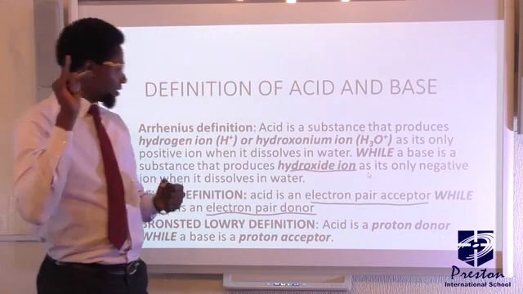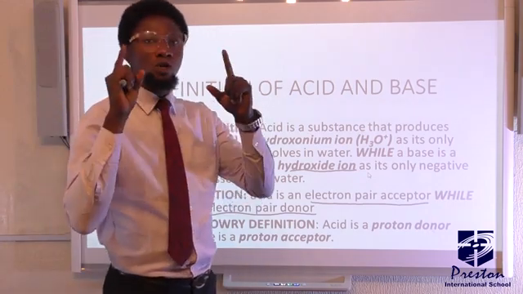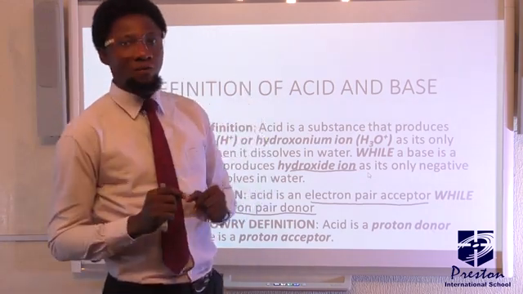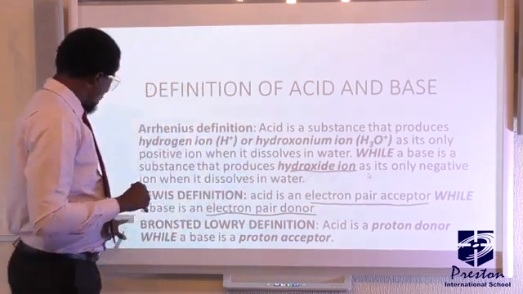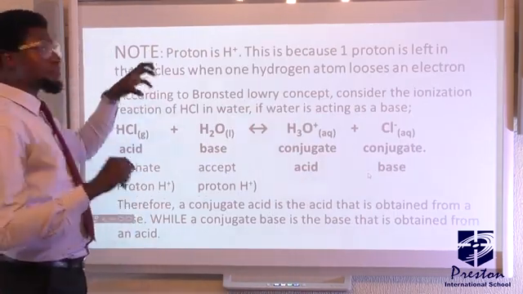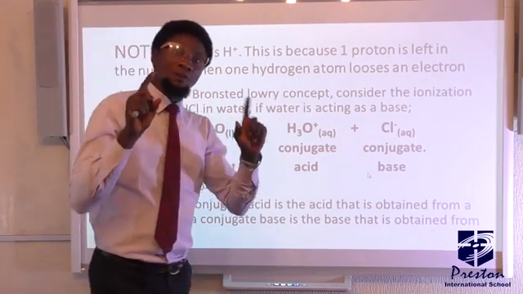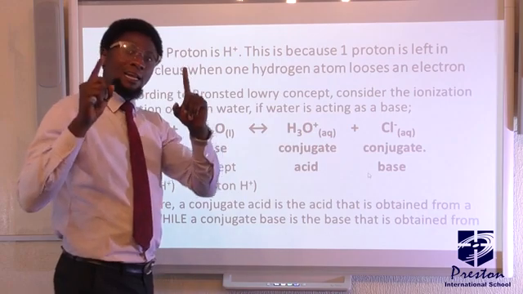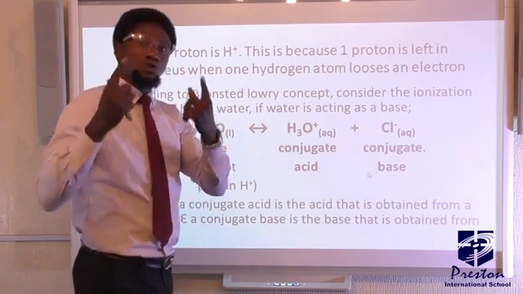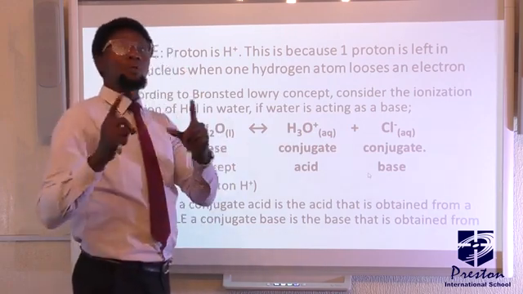Mr. Brønsted-Lowry defined an acid as a proton donor, while he also defined a base as a proton acceptor. Now, let us concentrate more on the Brønsted-Lowry definition of an acid. We said Brønsted-Lowry defined an acid as a proton donor and a base as a proton acceptor.